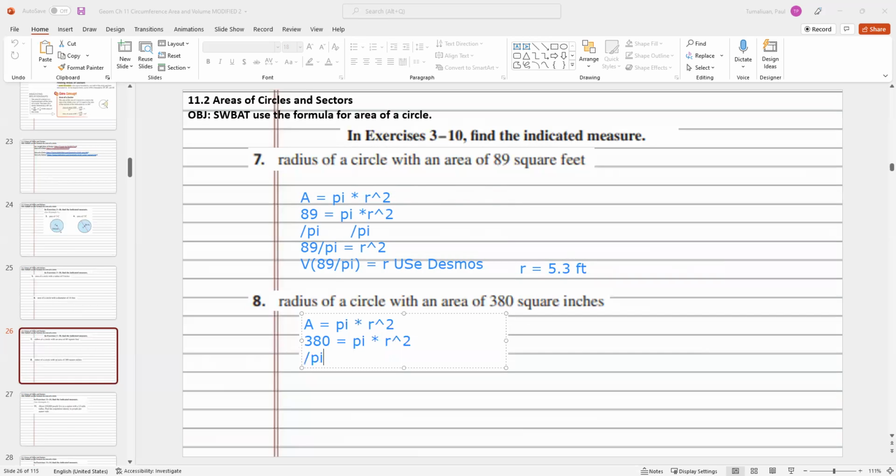Divide by pi. And we're left with 380 divided by pi equals r squared. Opposite of squaring is square rooting. So it looks like a check mark, but I put a V because I'm typing it. The square root of 380 divided by pi equals r. Use Desmos.